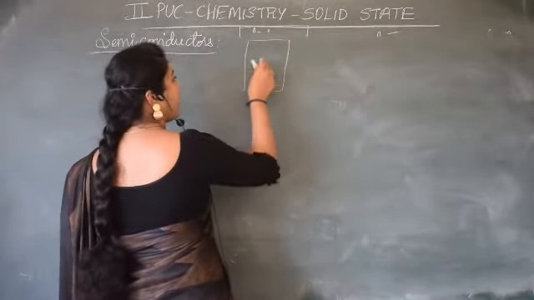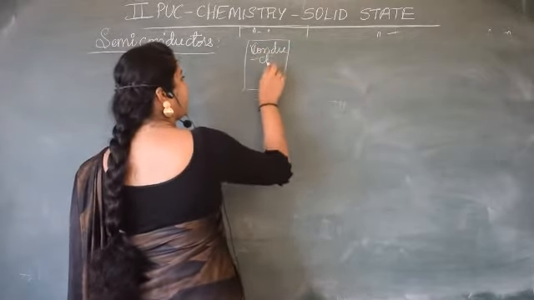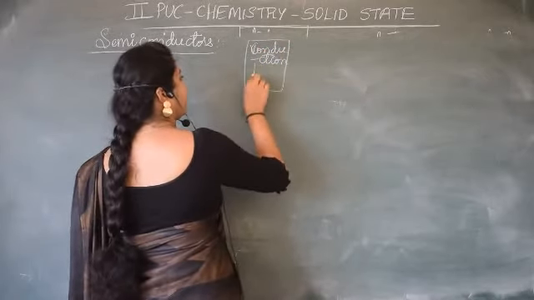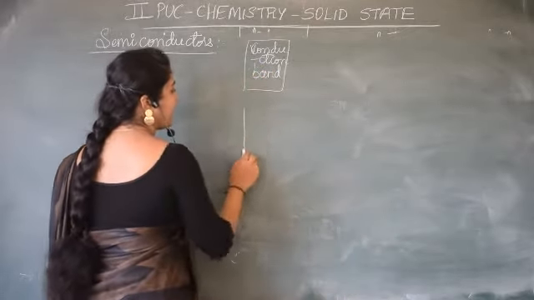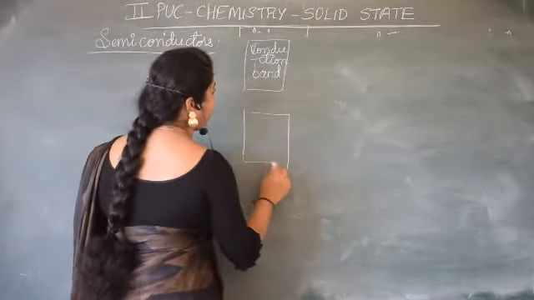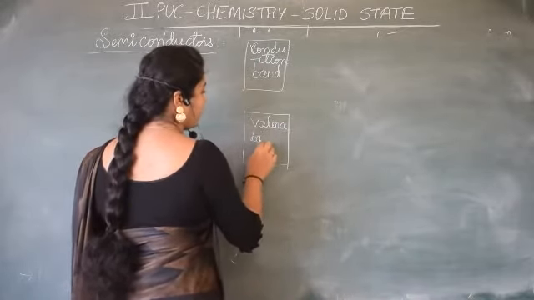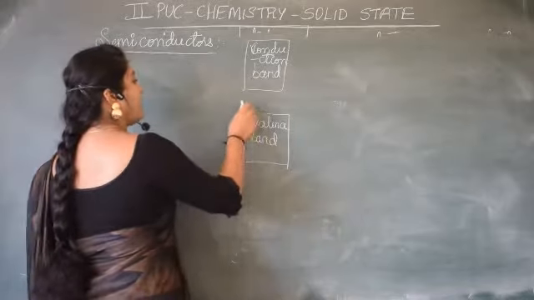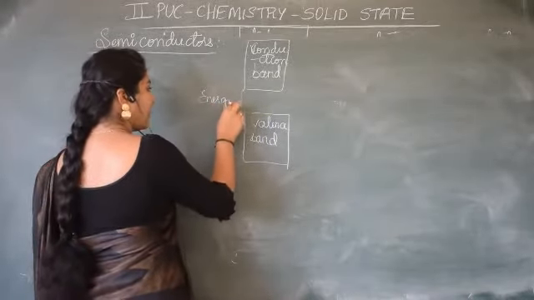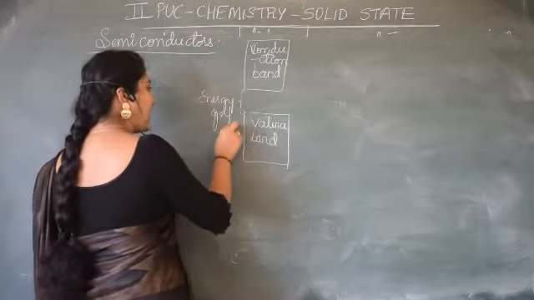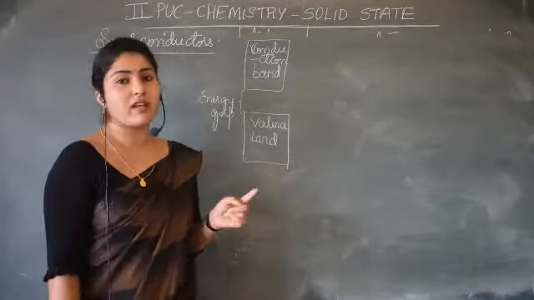If this is the conduction band and this is the valence band, the energy gap will be slightly larger than that of conductors, but less than that of insulators.